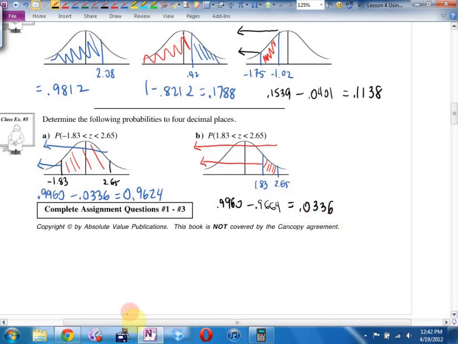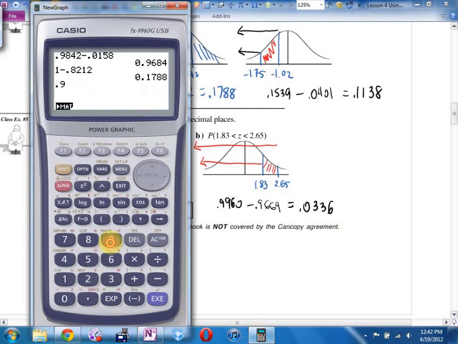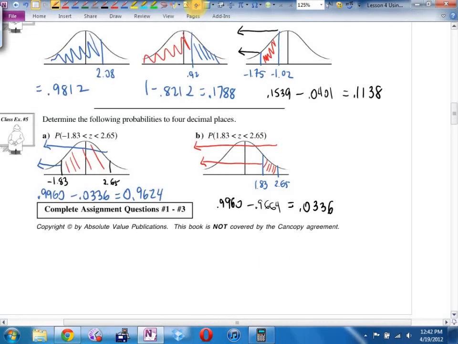It's not. Oh, 0.0296. Good gosh, I'm way off. Okay. So far, so good?